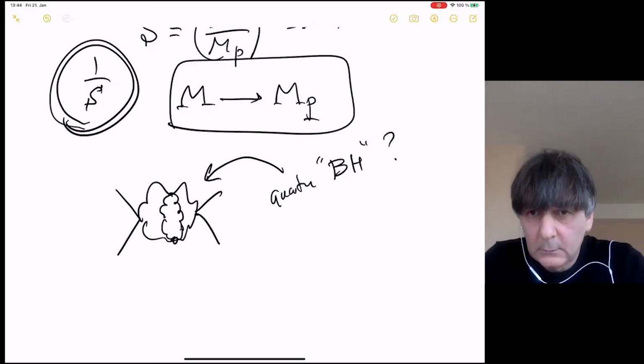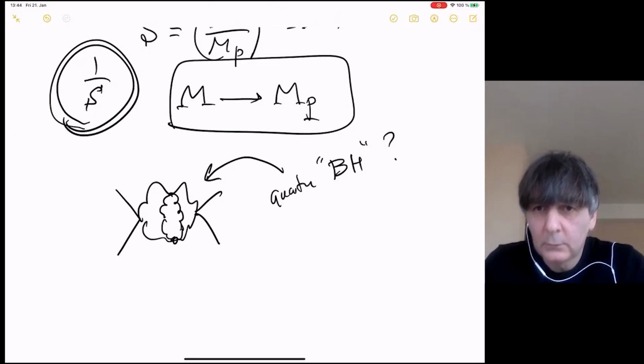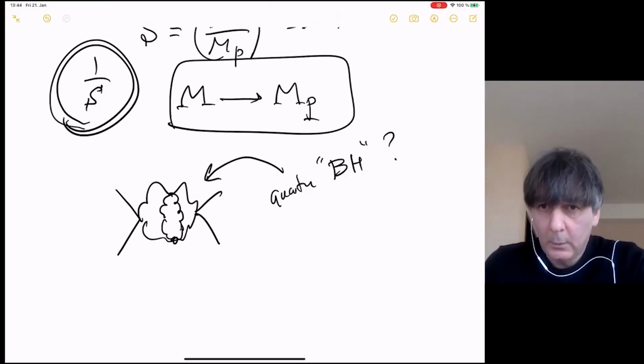We don't know that because we don't have a technique to compute this. We don't have any powerful methods to compute contributions from objects whose mass is of order the cutoff.